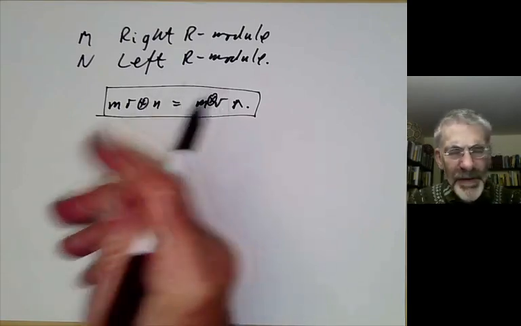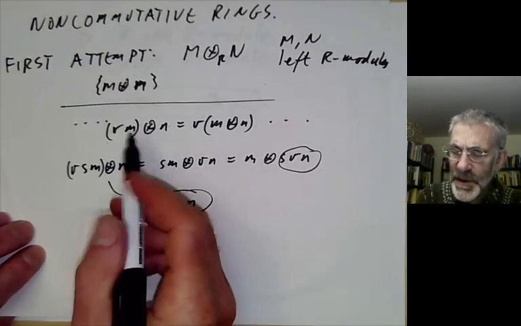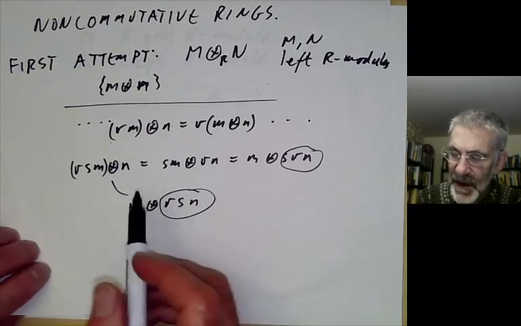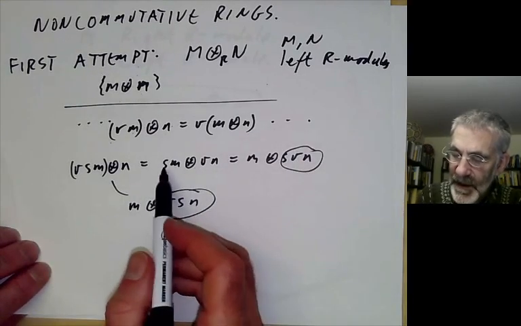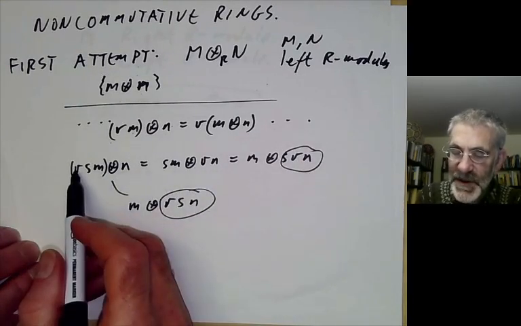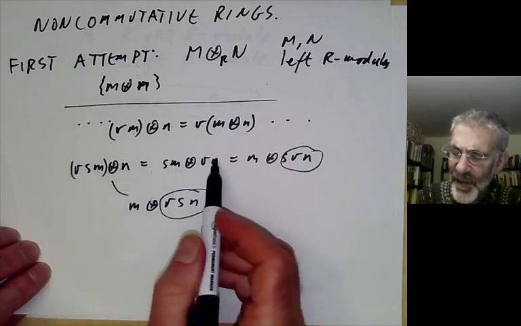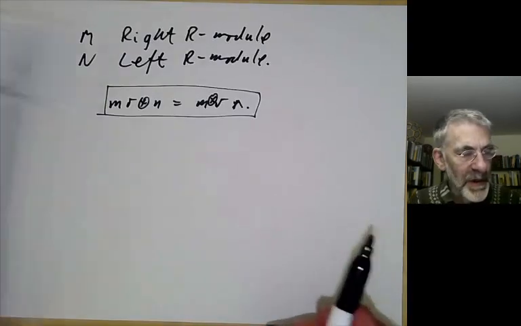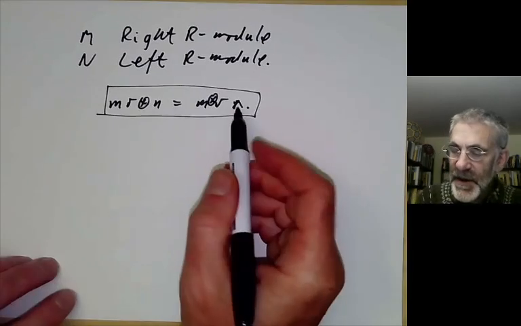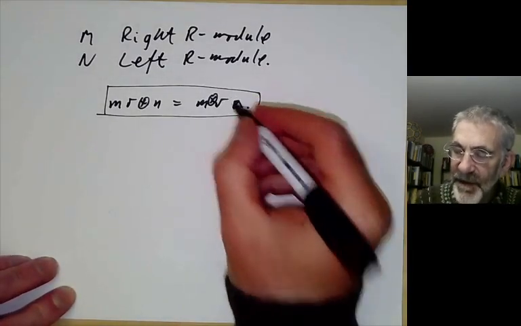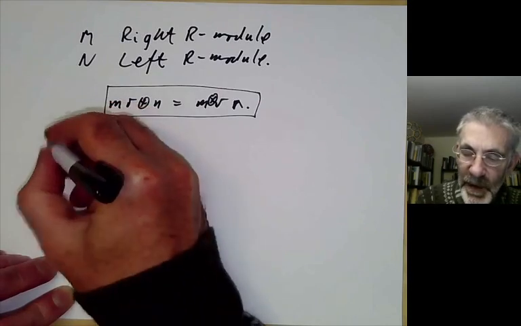You see, the problem is whenever you're working over a non-commutative ring, you don't want to switch the order of things. So here we're sort of switching the order of r and m, and this ends up causing complications. So if we do this, we're fine, but there's a problem.